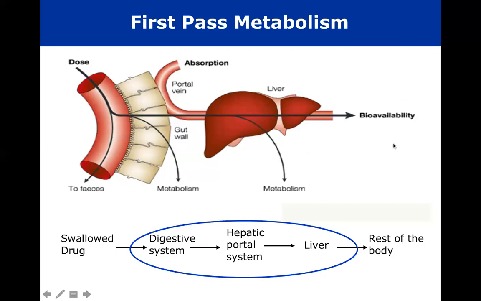So till reaching the systemic vascular compartment, the drug has lost some of its original dose, and the reaching dose, we call it the bioavailability, actually reflects the part of the dose that reaches the systemic circulation.